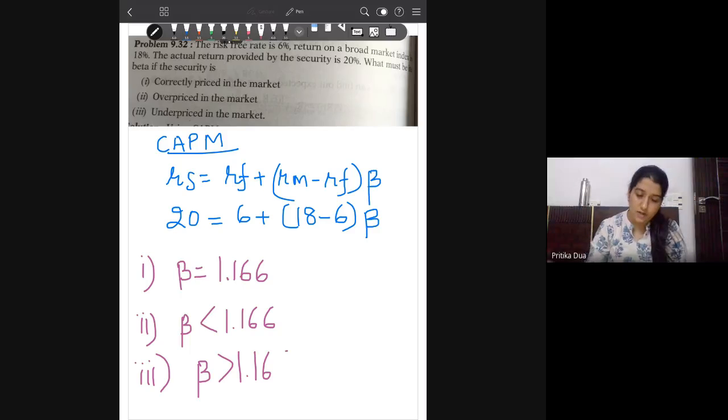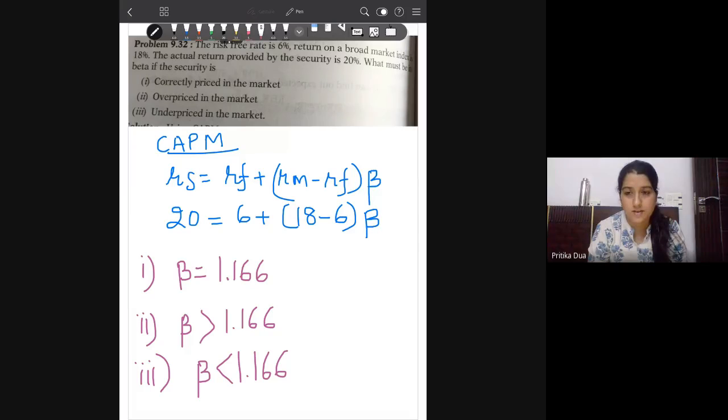I think I have written the inverse. इसमें beta will be greater and in the underpriced it will be lower. Then you will get the answer. क्योंकि बीटा की वैल्यू इंक्रीज हो जाएगी तो आई थिंक वो रिटर्न उसका इम्पैक्ट ऑपोजिट आएगा. तो बीटा फॉर एन ओवर प्राइस सिक्योरिटी will be greater than 1.166.